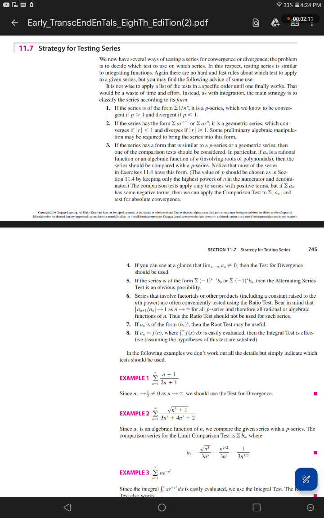Some preliminary algebraic manipulation may be required to bring the series into this form.